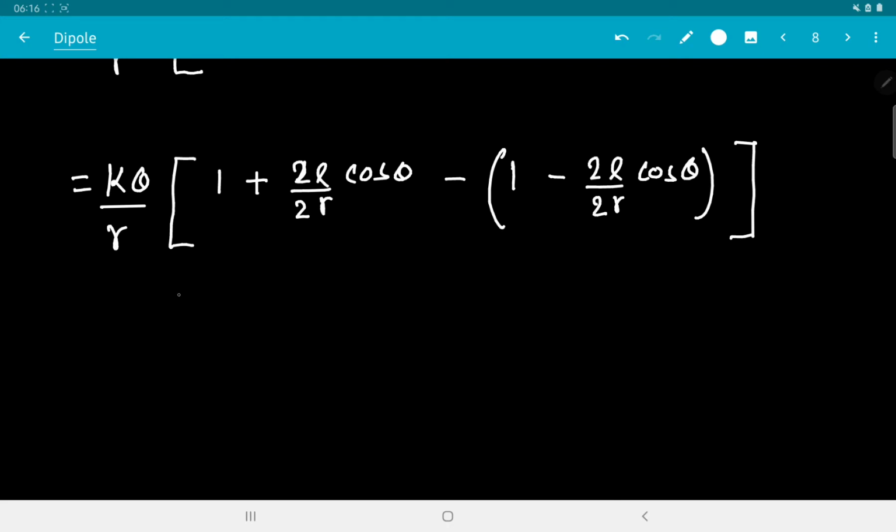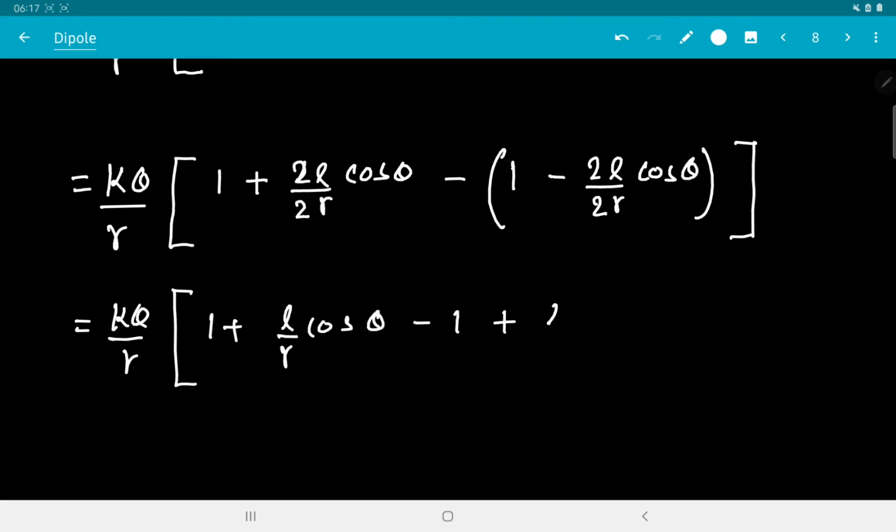So we will get 1 plus, this kq by r will be constant outside. We'll get L by r cos theta minus 1, minus into minus will become plus L by r cos theta, minus 1 plus 1 will cancel.